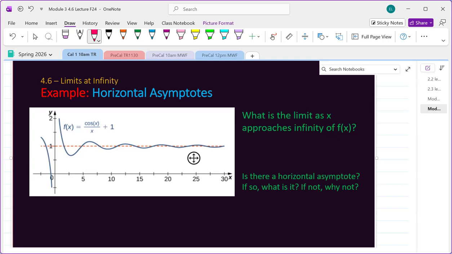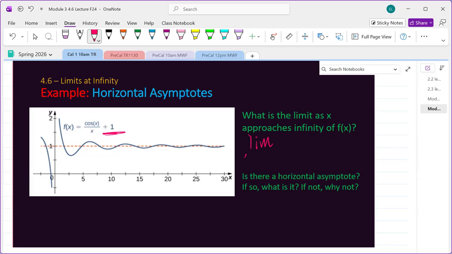So the cosine is just back and forth between 1 and -1, but now the x's on the bottom are like 1,000,000 or 1,000,000,000. And now it's taking that 1 and -1 and forcing it to shrink down to, in this case, that +1 number that we added on the end. So that +1 is just forcing the whole graph to center around the line y = 1 instead of centering around the x-axis, which is the line y = 0.